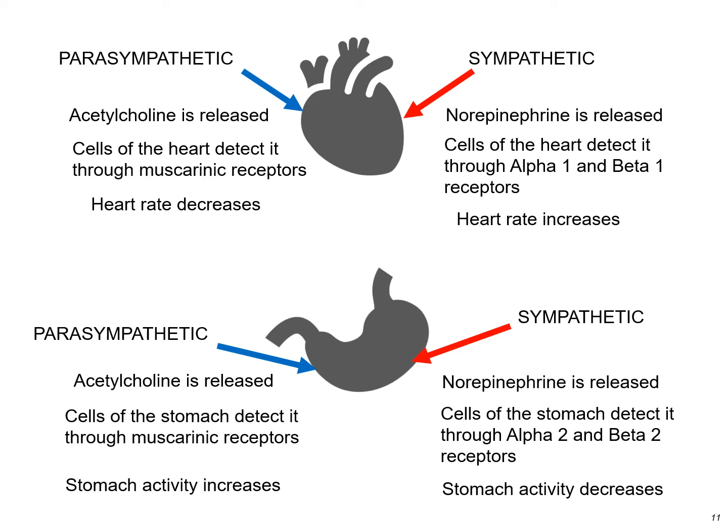The cells that want to be stomach say, hey, we want to be a stomach. They start a different genetic program, and those cells will now have alpha 2 and beta 2 receptors made, and the mature organs will retain these receptors.